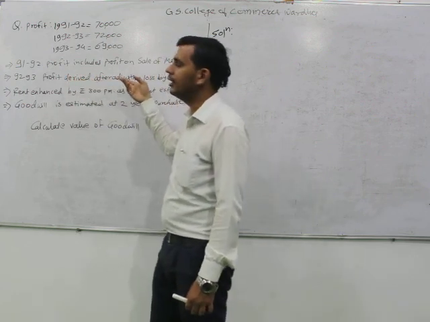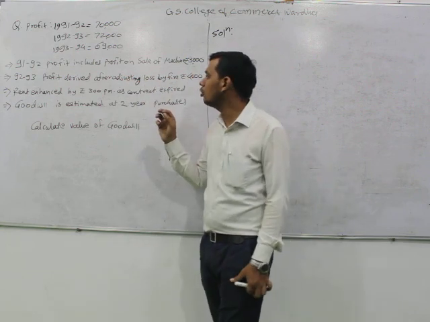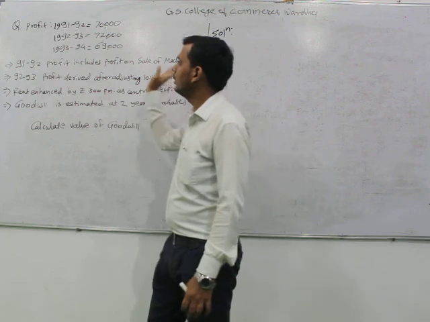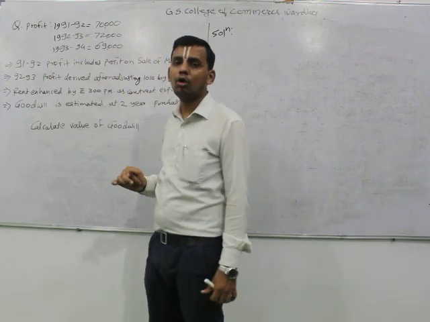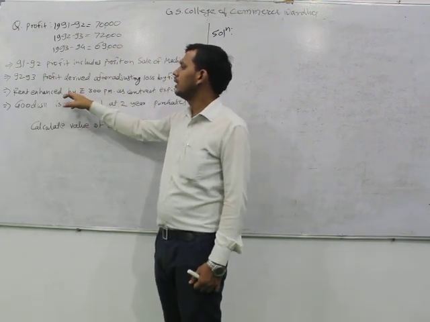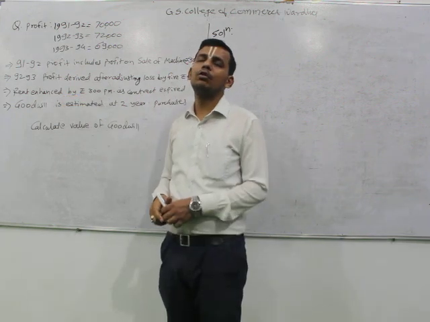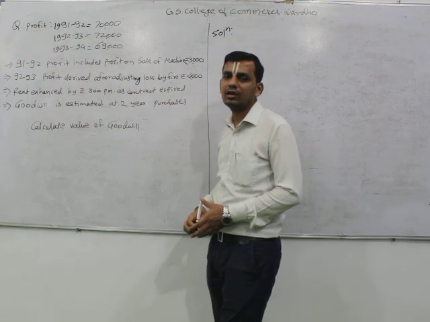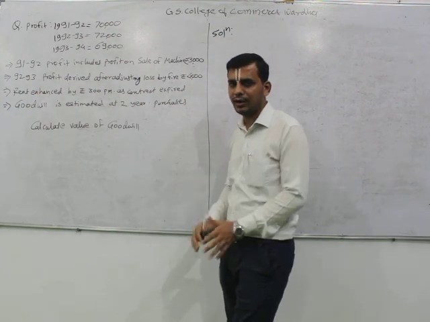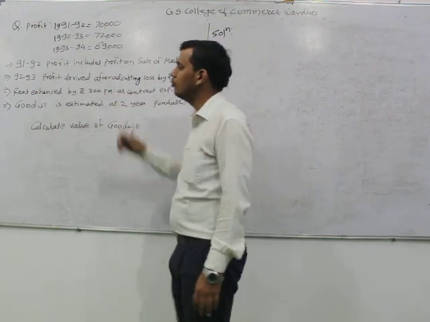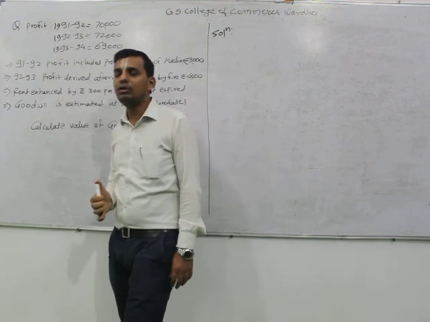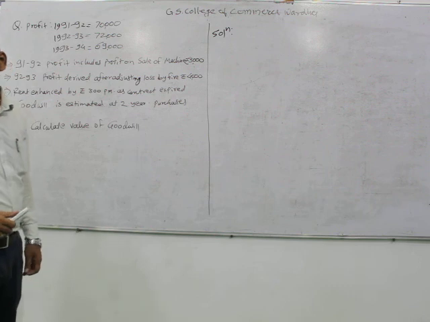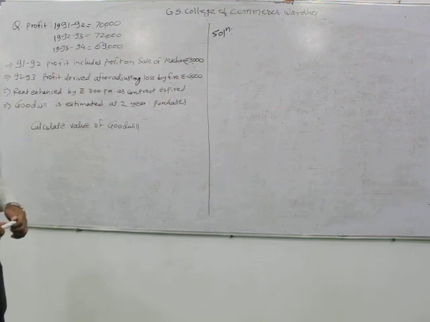Again, in the year 1992-93 there was a loss by fire of rupees 4,000, which is an abnormal loss. Then the rent enhancement of rupees 3,000 per month would be considered a futuristic expense because the agreement has expired today. Hence, for the future there would be an additional expenditure of rupees 3,000. That is what is given in the question.